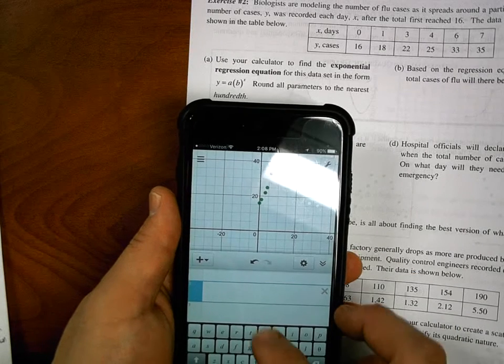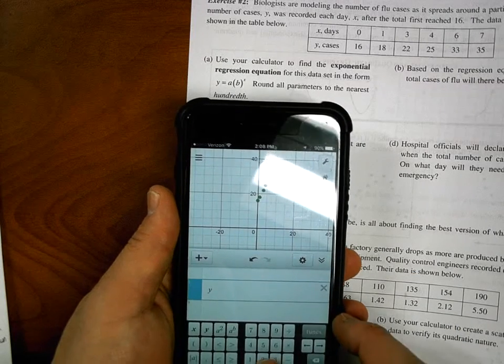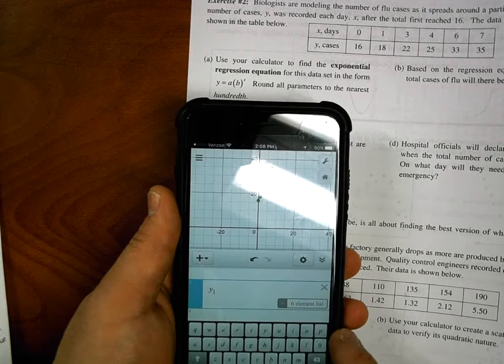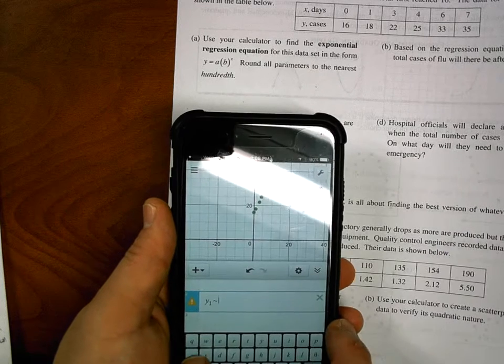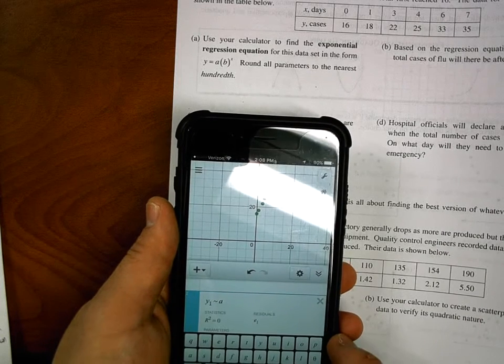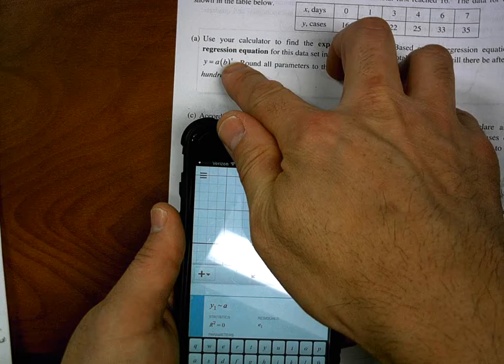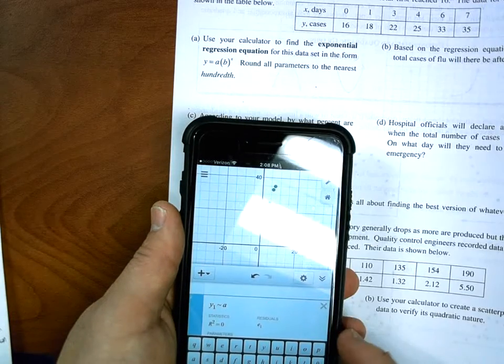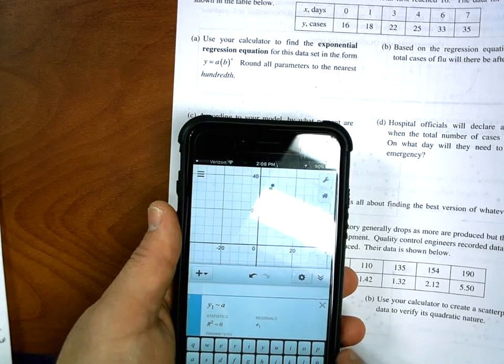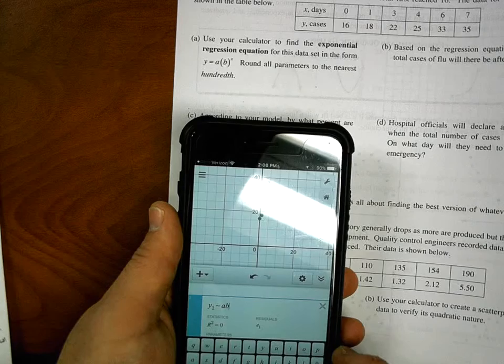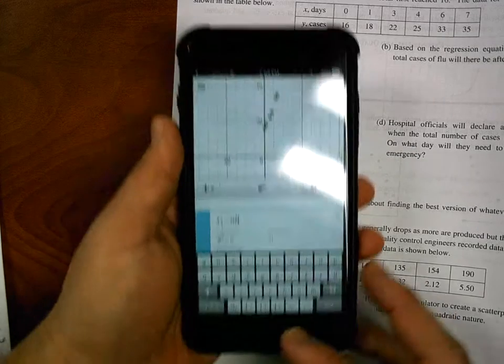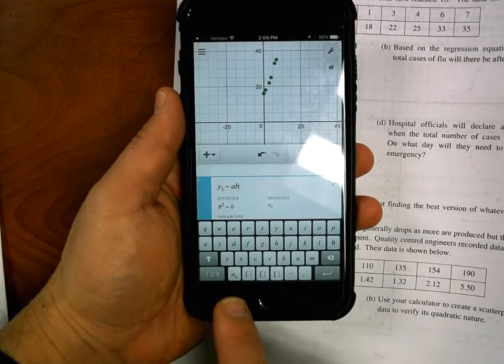So y1 is approximately equal to a b to the x. I don't think we have to put parentheses there, because it does order of operations. So I'm just going to put a, b, and then go to the exponent.